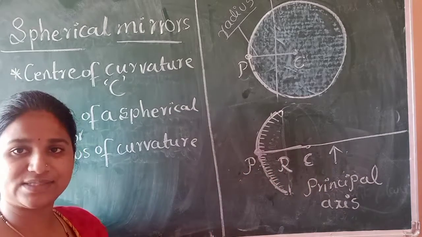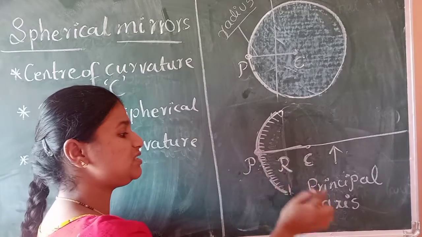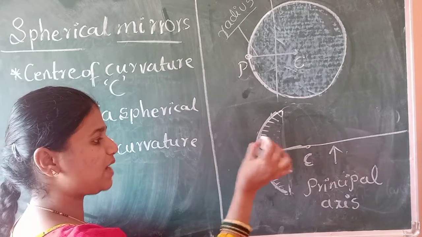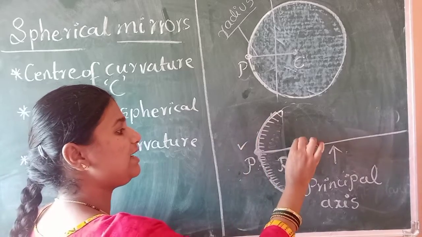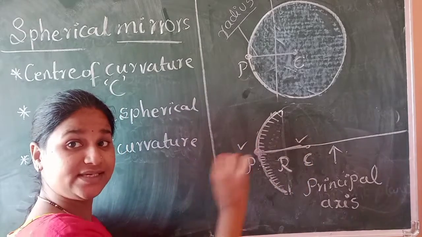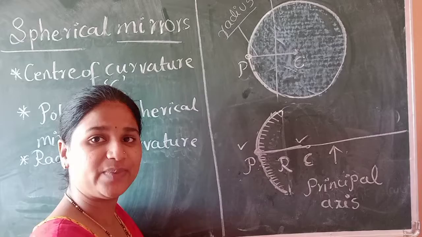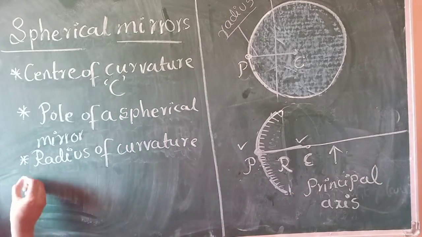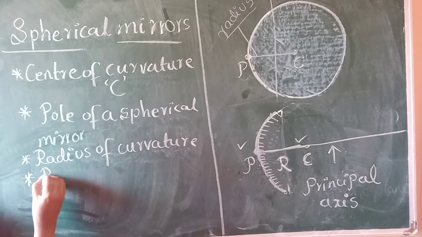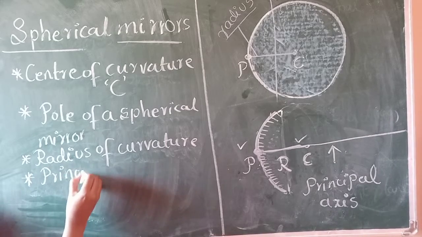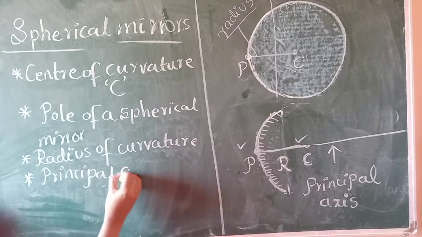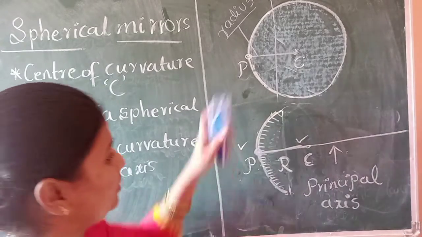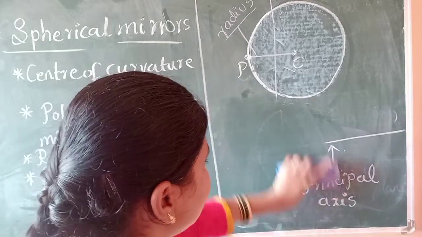Then principal axis, the imaginary line which is passing through the pole and the center of curvature. So these are the terms which we have to remember when we are learning about spherical mirrors. Okay, then let me write this.